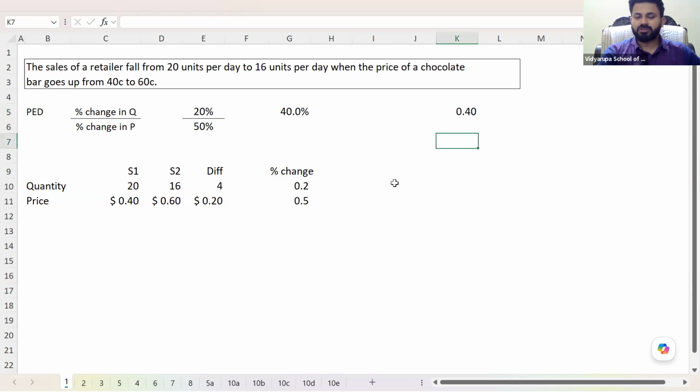It will come to 0.40. 0.40 is nothing but 40 percent. And yes, it is negative. It's by default negative. We don't need to spend our time trying to specifically mention it because it's always going to be negative. In this case, price increased, demand decreased. You may get another question where the price is slashed, the price is reduced, the demand will increase. It's always negative. But I got a few different values, though most of the values were 0.4 or 40 percent.